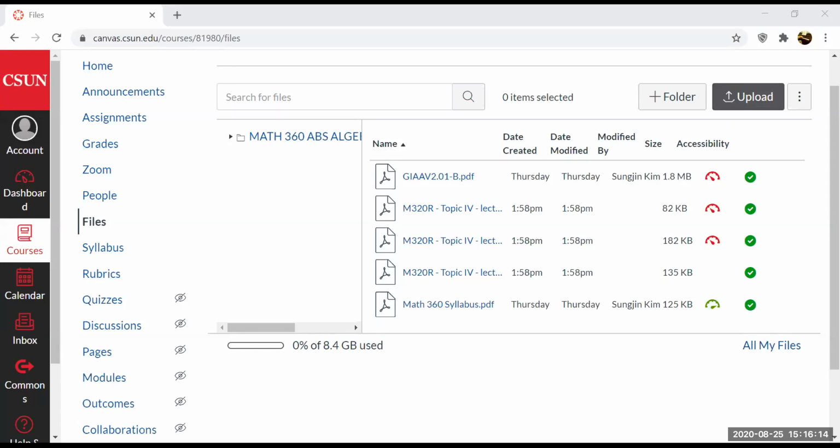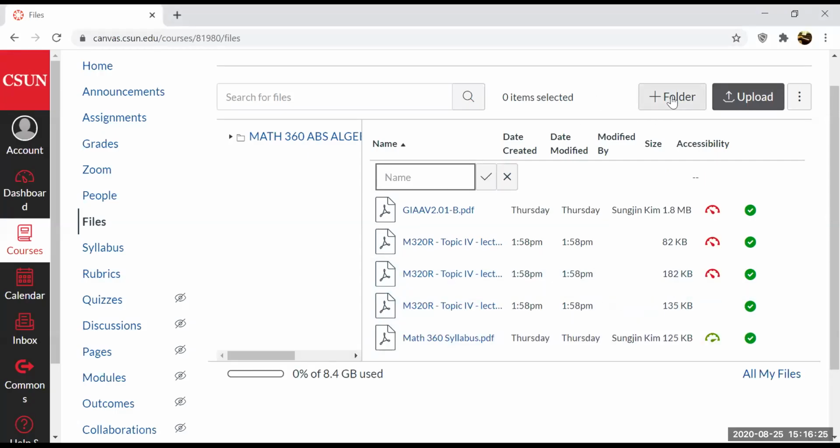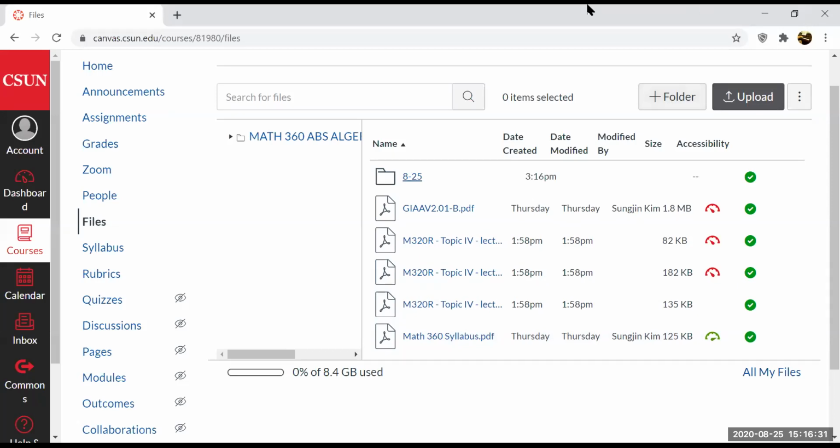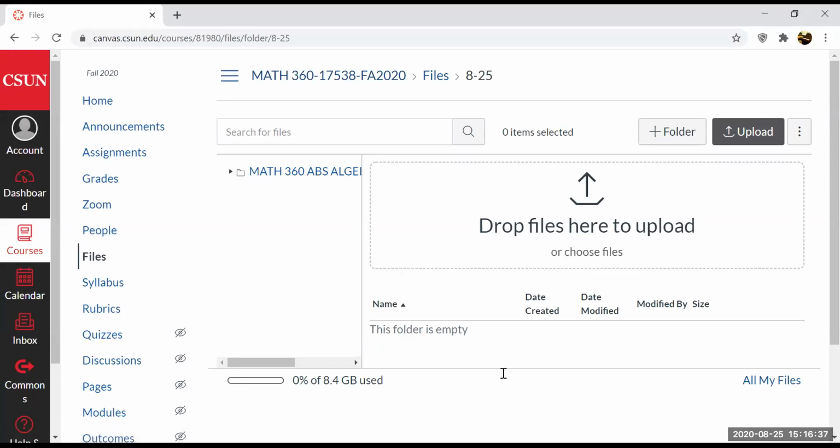So on the Canvas page again, we'll create a folder, and the folder will be named after the day of the lecture. So 8-25, August 25th. Okay. And then here, after this converting to PDF is done, this will be uploaded.